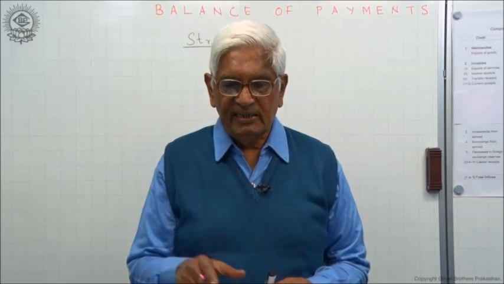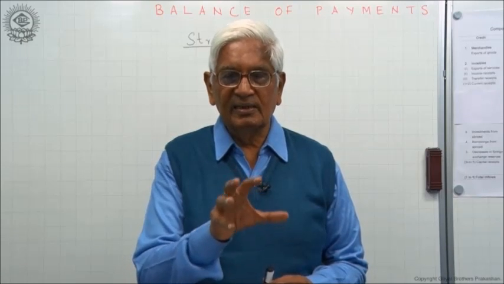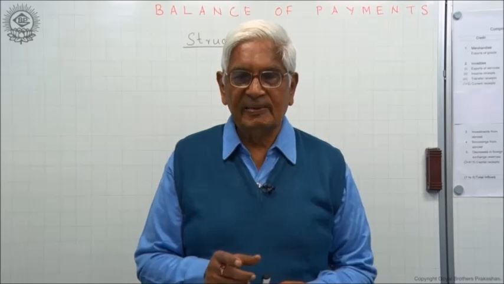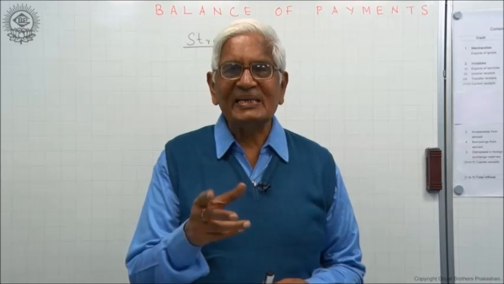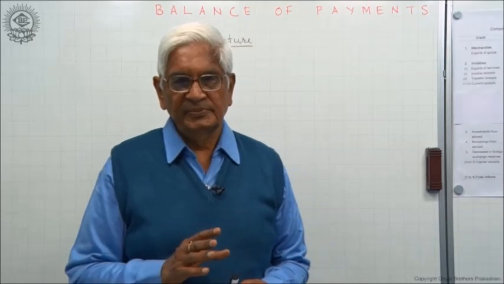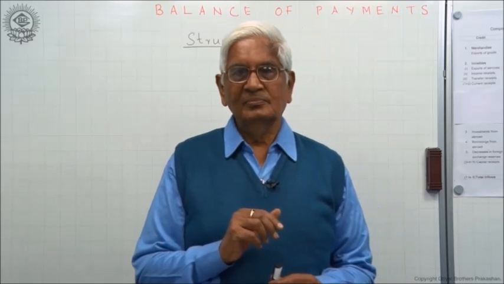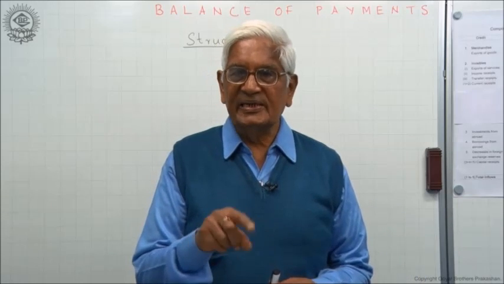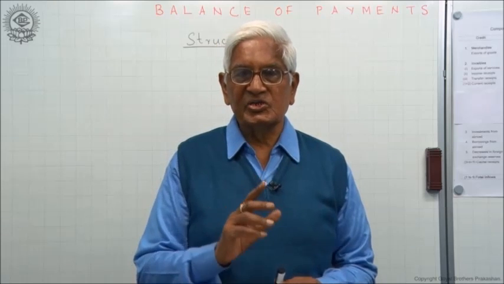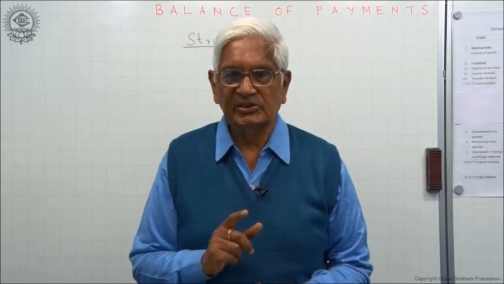This is broadly the structure, the meaning of balance of payments. The word balance here means nothing except credit minus debits, that is net inflow. So balance here means net inflow, of payments here means foreign exchange. So net inflow of foreign exchange.